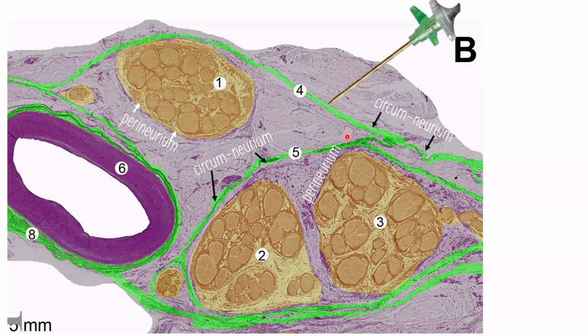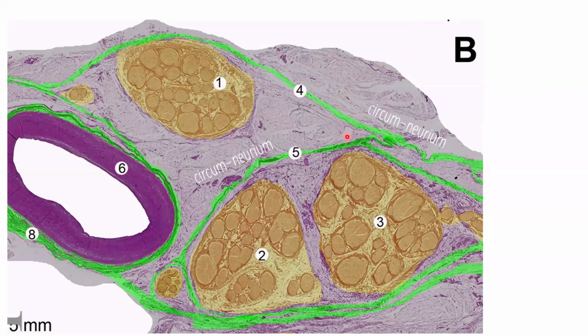So that could probably be the best way to inject local anesthetic. And this can be at a couple of points, like towards the lateral cord and towards the bunch of the posterior and medial cord. We are not trying to penetrate beyond the circumneurium.